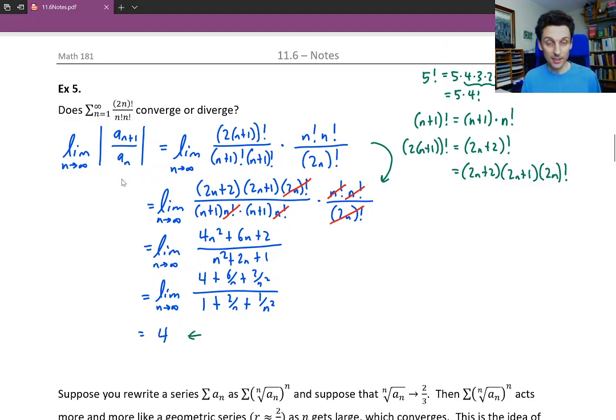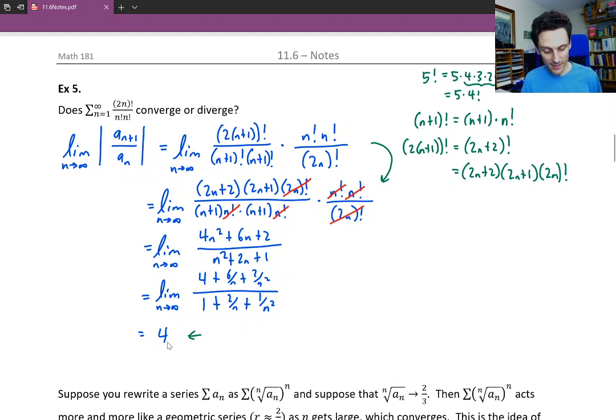Now again, this is your common ratio in essence. This is what you're effectively multiplying by to get the next term of the series. It's going to be basically multiplying by 4 every time you want to get the next term of the series, so these terms are going to be blowing up to infinity. And that's going to make the series blow up to infinity.